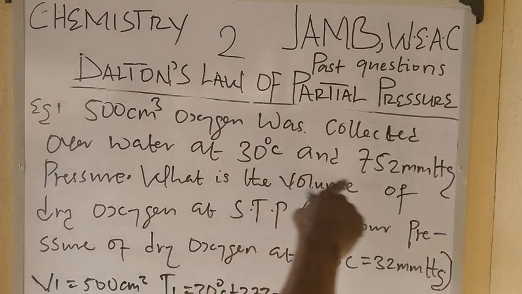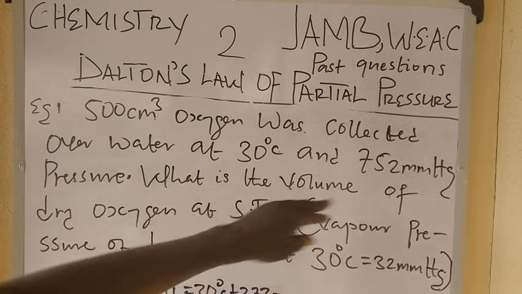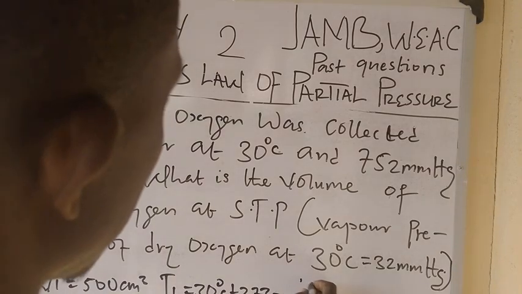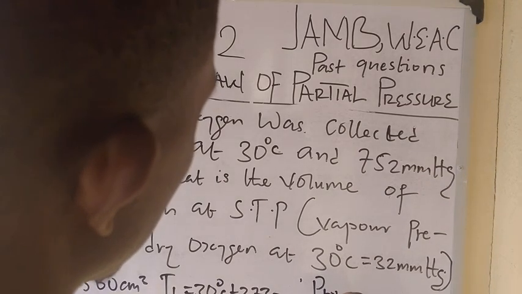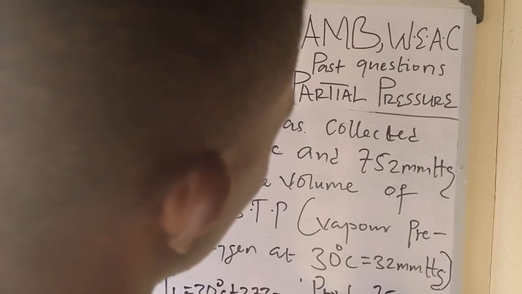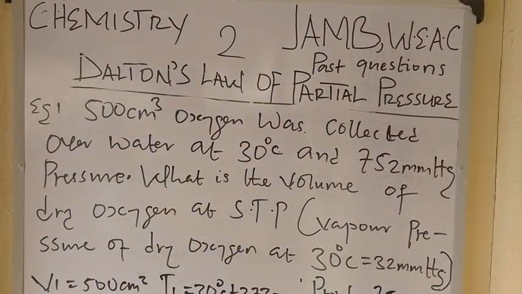And 752 millimeter mercury pressure, this is our total pressure. So P total is equal to 752 millimeter mercury.